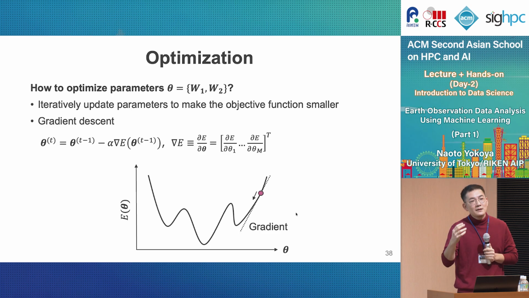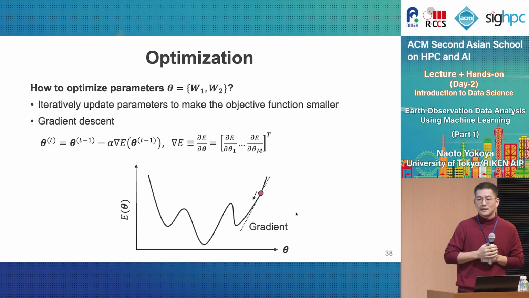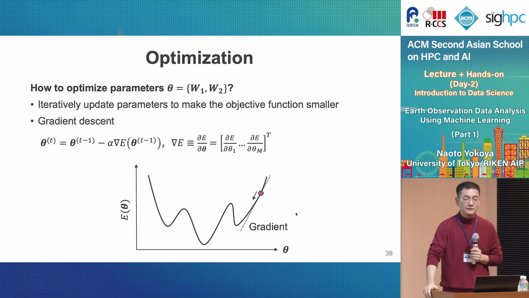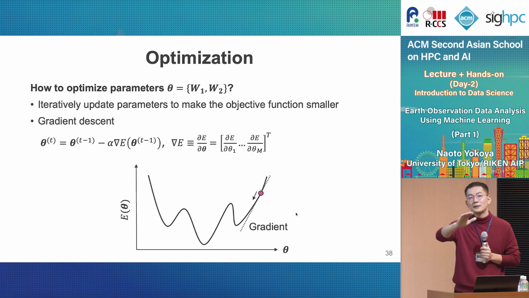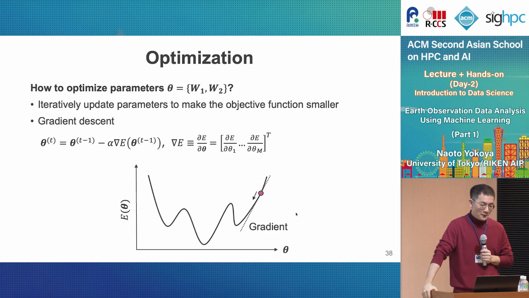So maybe it's better to gradually change the parameters so that our objective function, if it's negative log likelihood, can be decreased a little bit and a little bit. And we know a very powerful but very simple tool, gradient descent.